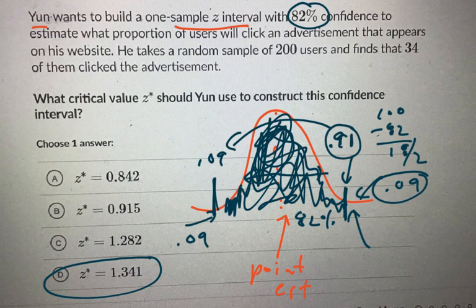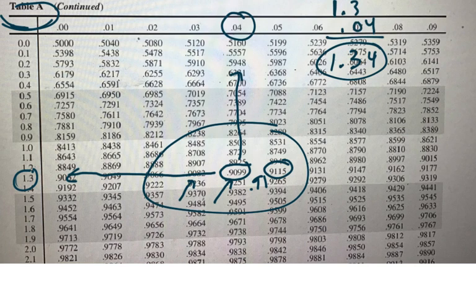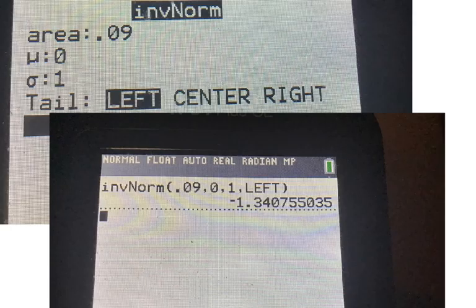Now, another thing I'd like you to be aware of is if you didn't like looking at a table, because I really haven't taught you much about reading a table A per se, on the calculator, we could take that 9%, because remember, on the left, there's 9% missing on each tail, right? And if you go to inverse norm on the calculator, how do we get here?